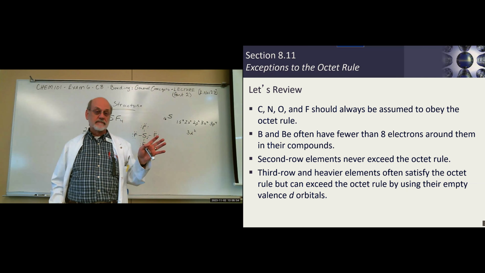Not always, but sometimes they are deficient in the octet. 2nd row elements never exceed the octet. Sometimes they're deficient, but they never exceed. 3rd row elements, they're heavier, they have access to d orbitals, they often exceed the octet. And we have to say that because those compounds exist. We know they're there. So we've got to modify our theory to explain them.